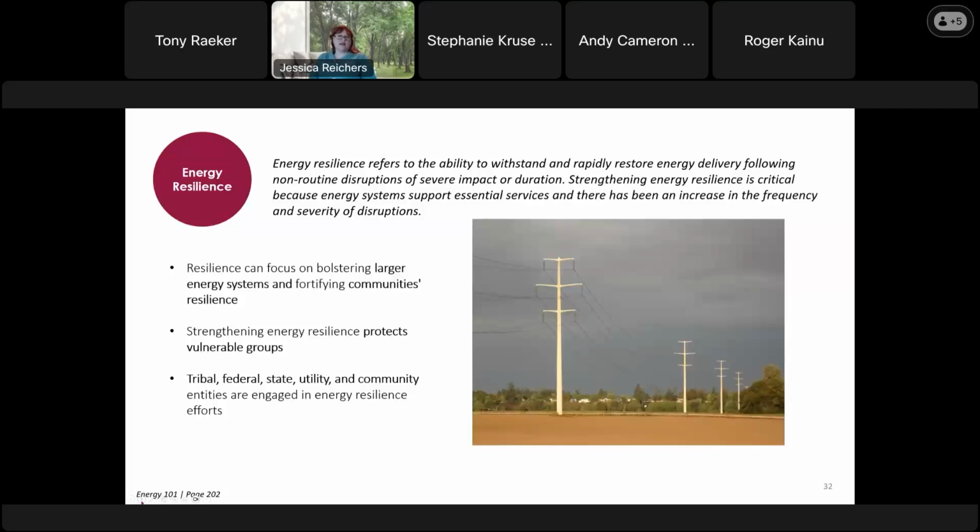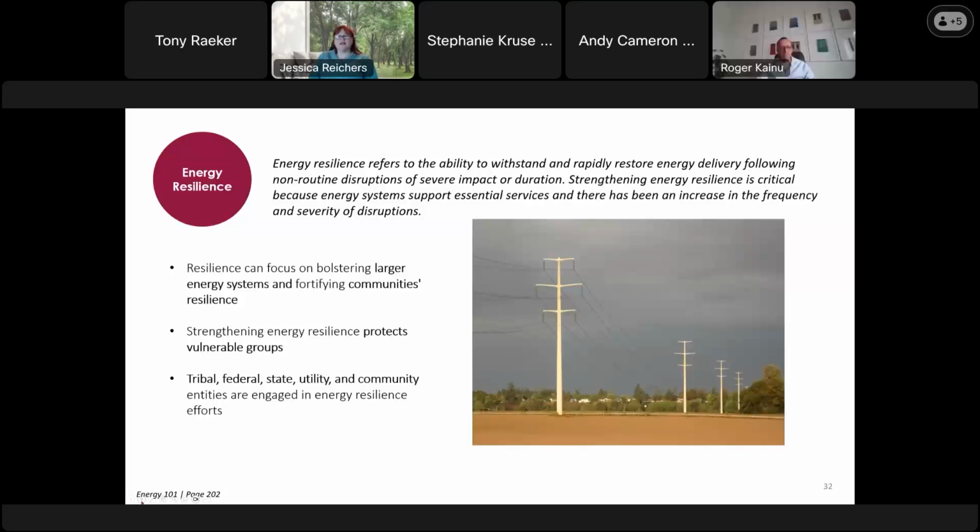And they can implement system segmentation, which isolates impacted areas and allows unaffected areas to continue to provide energy services even while they address the affected area. Actions to increase resilience at the community level can look like increasing and diversifying fuel storage, providing access to community resilience centers that have backup power, and developing solar and battery storage projects or microgrids to support critical public services and household resilience.